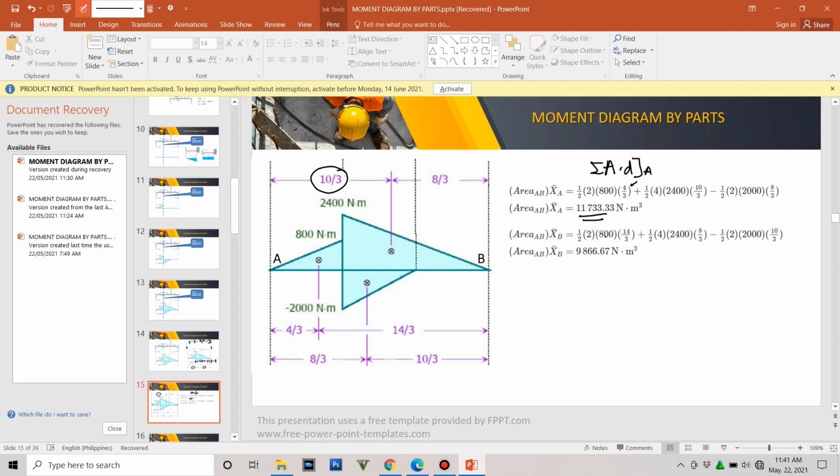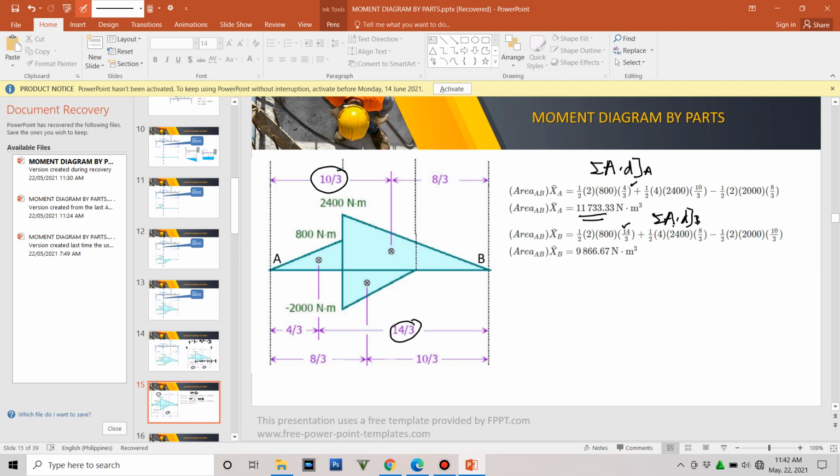So, similarly, we'll just have to sum up area times distances up to point B. So, ito rin yun, 1/2 800 by 2. Ano namang distance niya sa kabila? Ito. So, 14 all over 3. This one. Okay? 14 all over 3. And then, yung malaking triangle, 1/2 24 times 4.